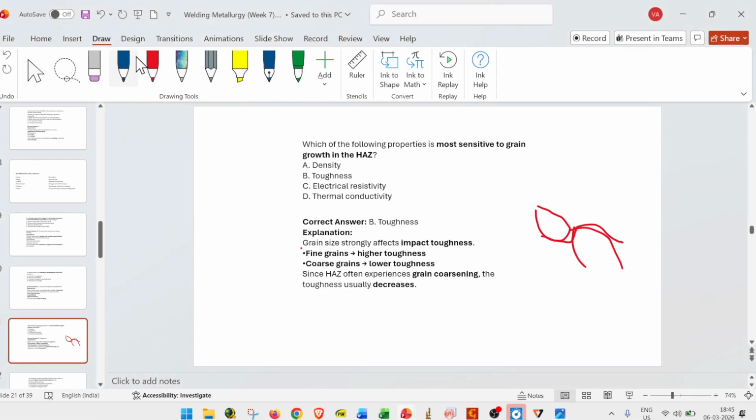So how do finer grains and coarser grains change the toughness?